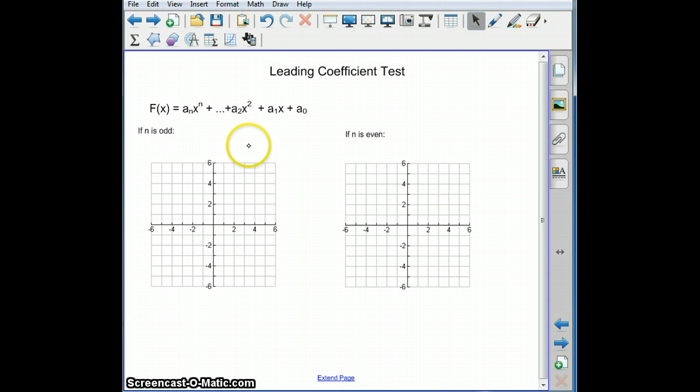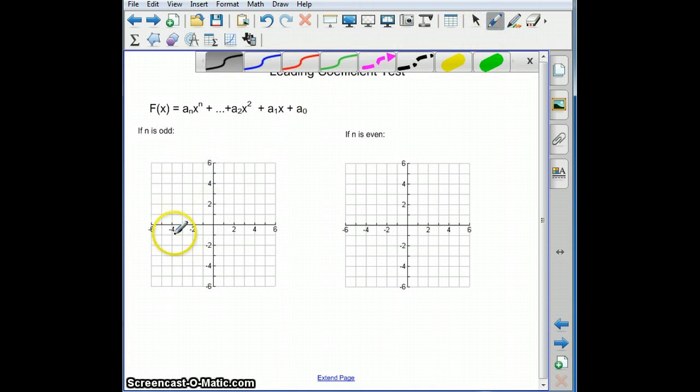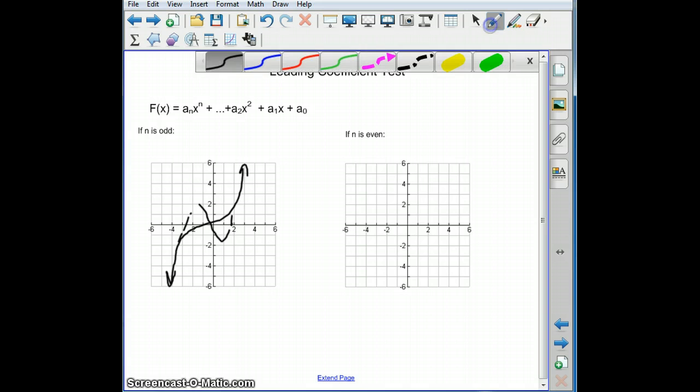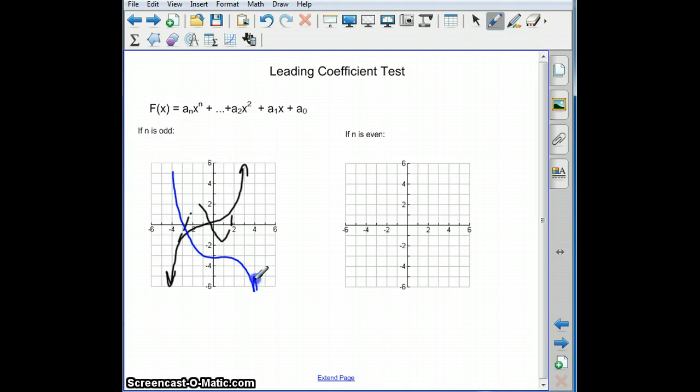So if n is odd, meaning that your highest degree term has an odd exponent, then your polynomial is going to either go like that with all kinds of stuff happening in between, or it could go like this with all kinds of stuff happening in between.